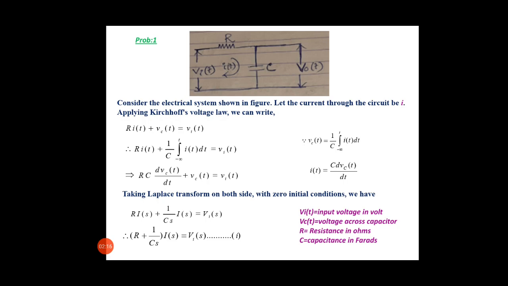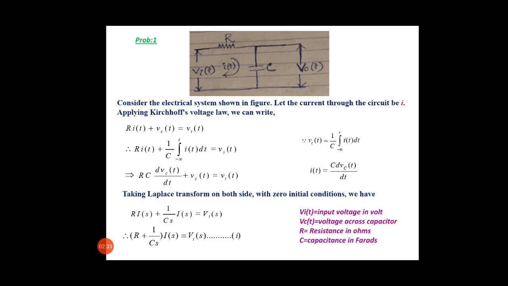The output voltage is V0 across the capacitor, and the input voltage is Vi.